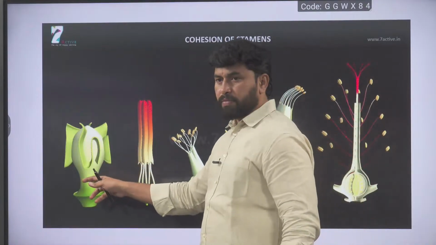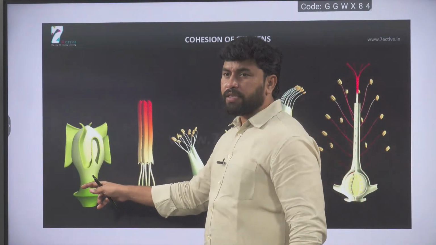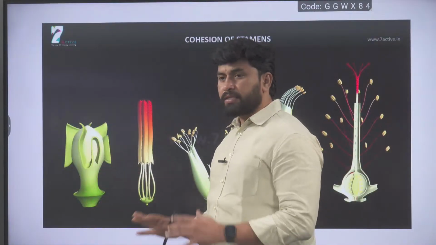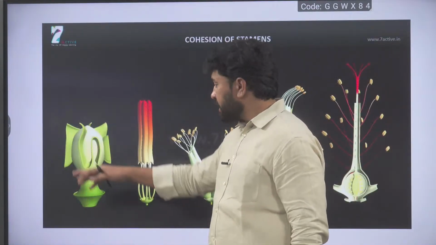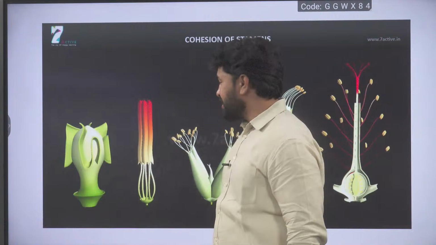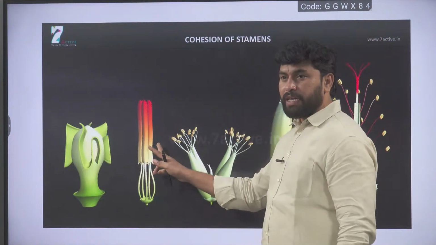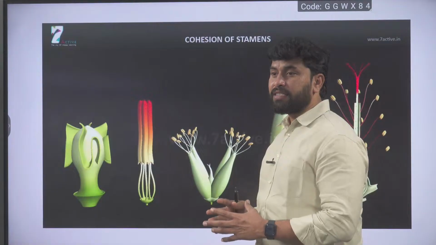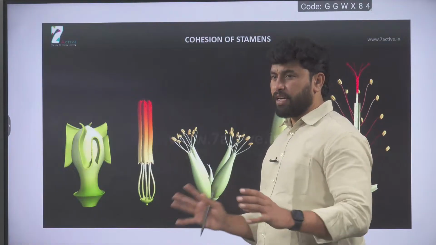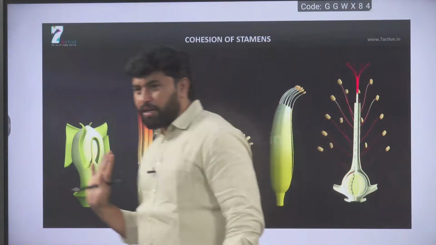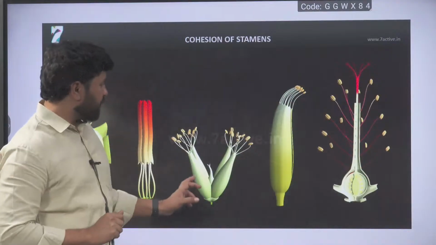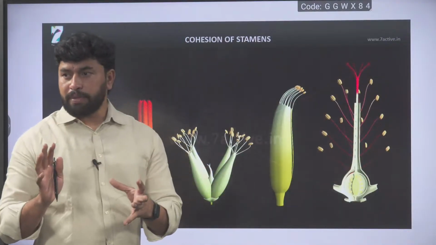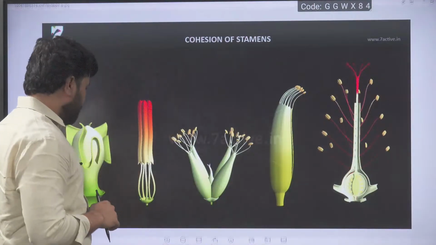You can see here you cannot see any significant difference in their anthers and filaments. All are fused. This is called synandrous. Here only their anthers fuse, filaments free. This is called syngenesious. Anyhow, these terms are not provided in our NCERT book. These three are provided with respect to the union of stamens. Next one.